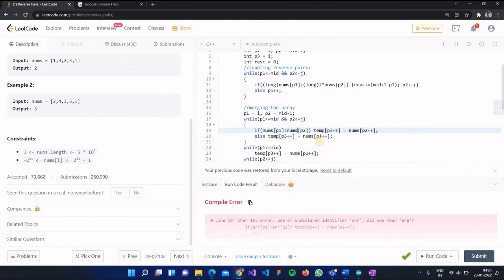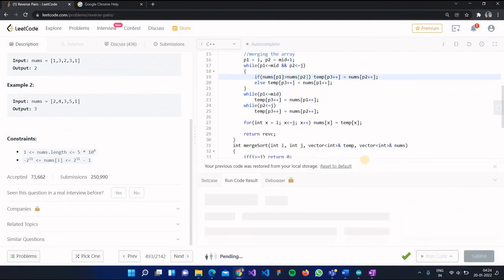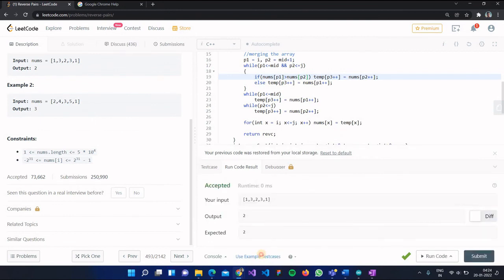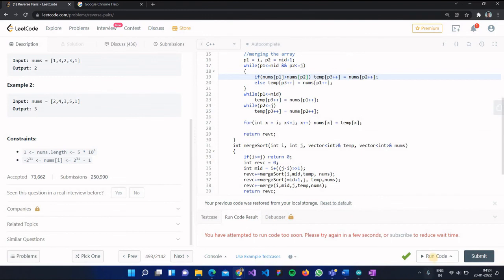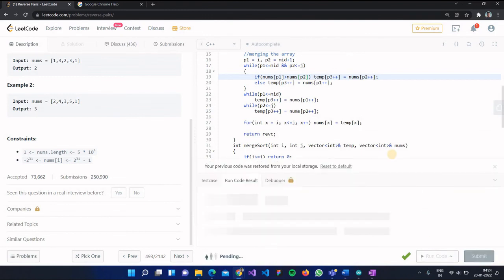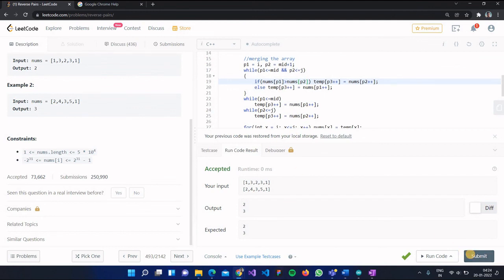This is where you play with all the indices. So let's test it. Okay, so fine. So let's test it on other example cases. This is a problem with LeetCode that I'm facing recently. Like you can't run the code frequently. So fine, this is producing the right result. So let's submit it and check.